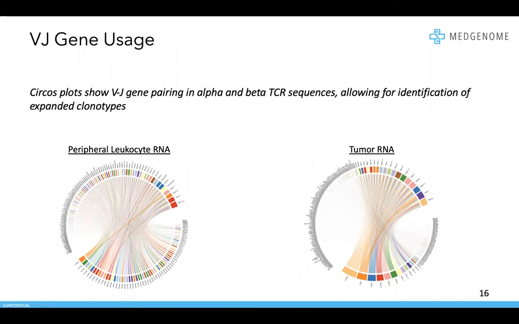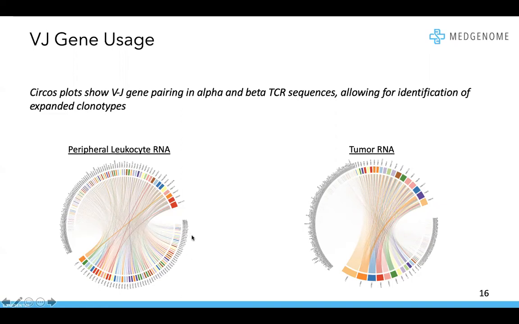Next figures are these VJ gene usage Circos plots. What these are showing are the V and J genes that appear together in the same sequence data. If you follow this circle around, I know it's hard to see on this figure, it lists all of the alpha V genes and all the alpha J genes, and then all the beta V and all the beta J genes.